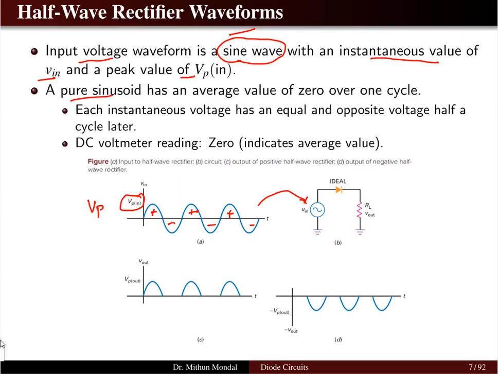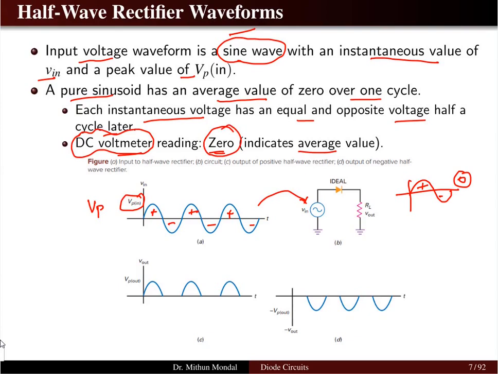A pure sinusoid has an average value of 0 over 1 cycle, because the positive and negative cancel each other. Each instantaneous voltage has an equal and opposite voltage half a cycle later, and hence the DC voltmeter reading will show you 0, which indicates the average value.